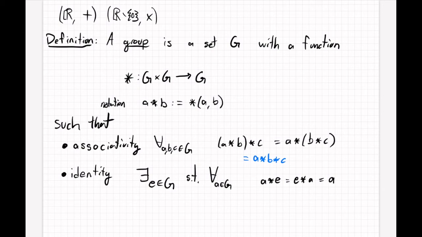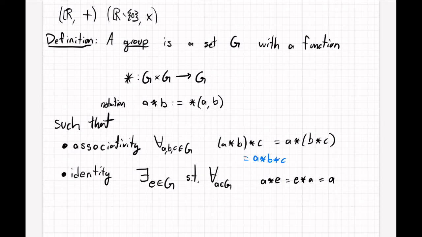Well, for groups, I'm not going to assume that they're commutative, at least not just yet. So I need to write both of these things down. I really do need to write a star e and e star a is equal to a. And that's why both of these things are there.